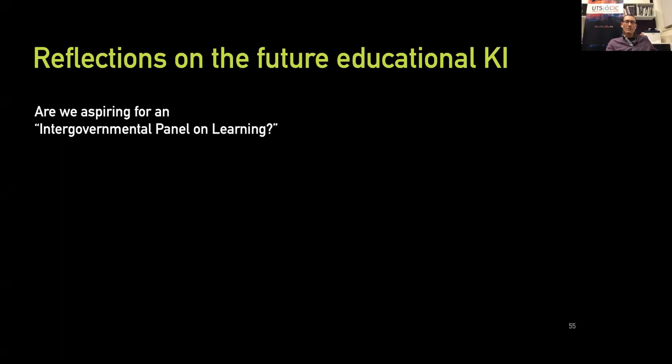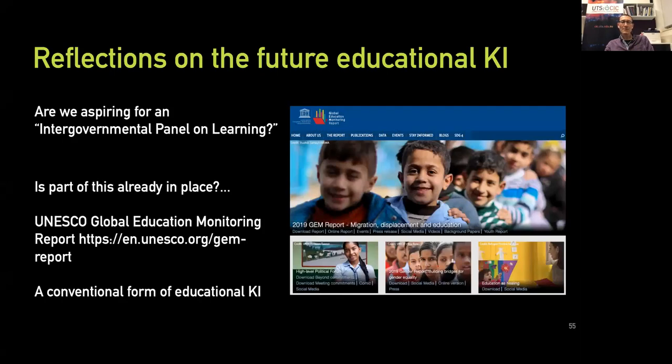So, to wrap up, what might the future educational knowledge infrastructure look like? Are we looking for our own version of the IPCC, an intergovernmental panel on learning, informed by the kinds of tools that we're in the middle of developing right now? Maybe there is already something a bit like this. There is a UNESCO Global Education Monitoring Report released every year.